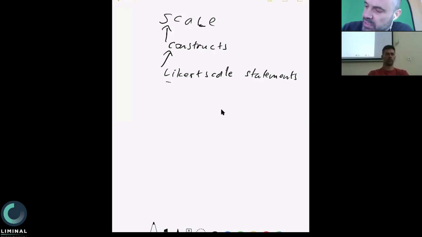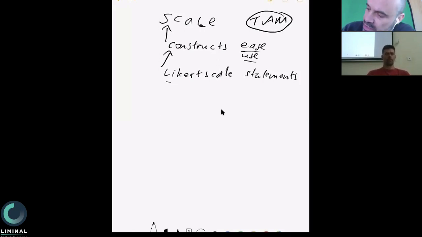So if you look at the technology acceptance model, for instance, TAM, this could be considered as a scale, measuring acceptance of new technology. Then the scale consists of constructs, and in the TAM model you get ease of use, for instance, and then usefulness. Those are all constructs. And for each of these constructs, you get Likert scale statements.